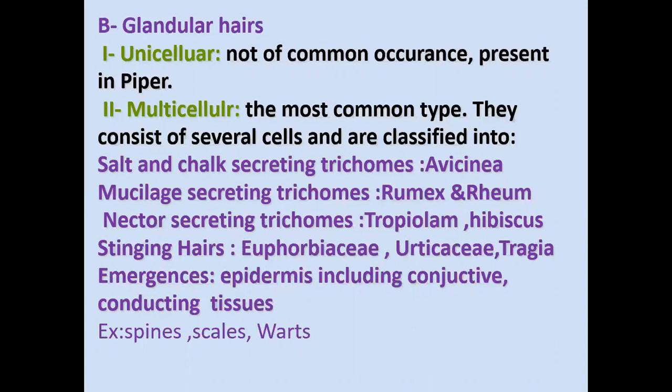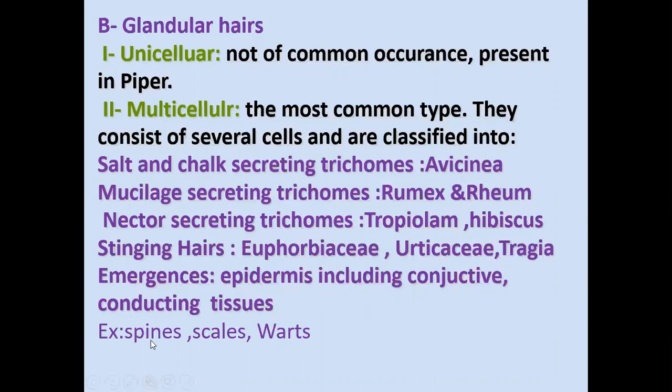And in Tragia also, a few trichomes produce some chemical substances which cause rashes on the skin. Tragia is called Duradagundi. So what are the differences between trichomes and emergences? In the development of emergences, the epidermis along with other tissues also participates, that is ground tissues and conductive tissues.